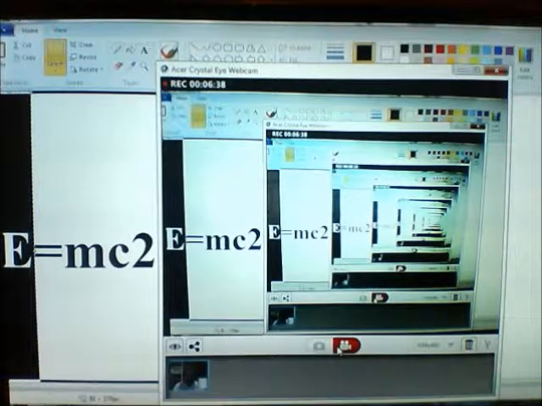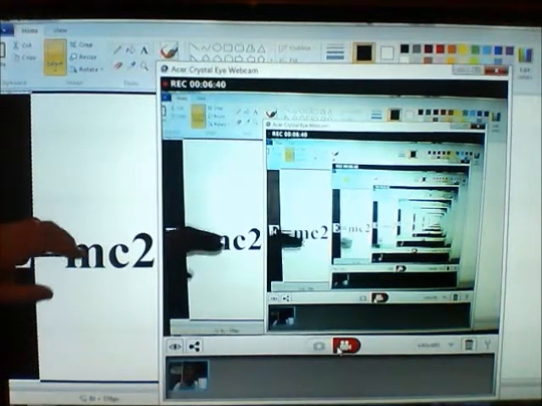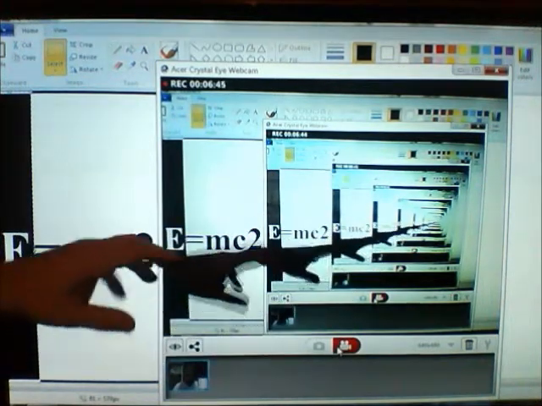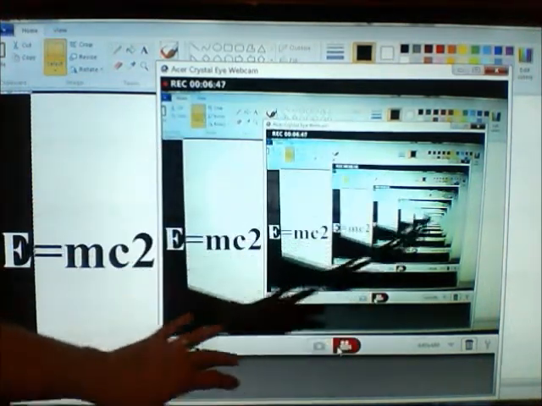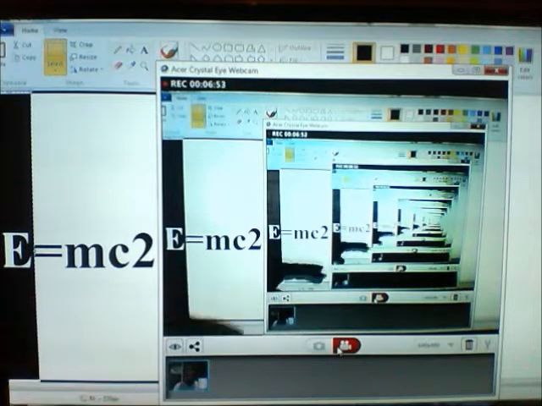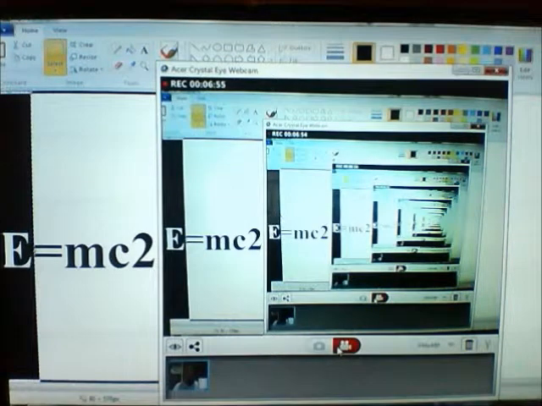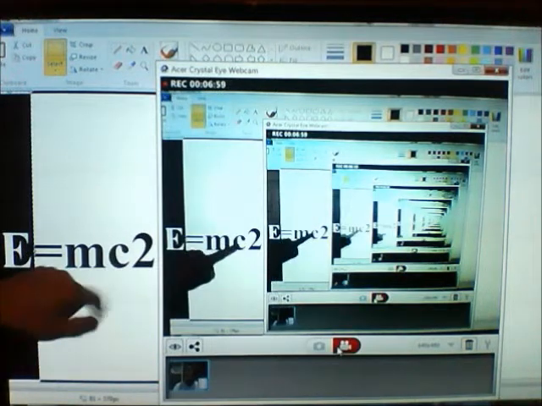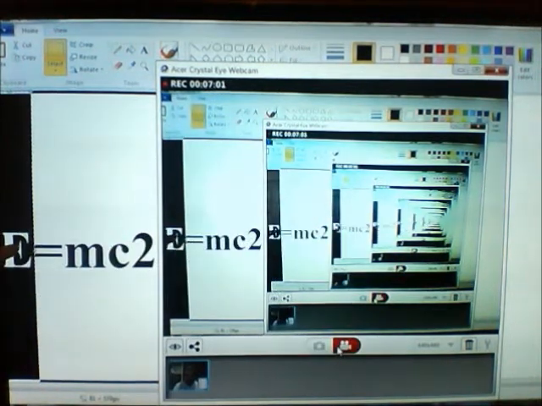Okay. If you imagine that this whole scenario that you see here illustratively represents a rock being thrown into a body of water, the surface of the water. We refer to the rock as the energy, or the light ray, or the light photon, the E side.